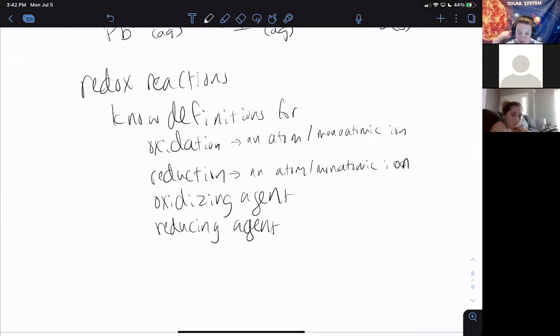So when we talk about something being oxidized or reduced, we're not going to put a compound in there, is what I'm trying to say here. But with your oxidizing agent or your reducing agent, this could be an atom or compound or molecule. So for both. So if we have, I don't know, let's see an example of one.